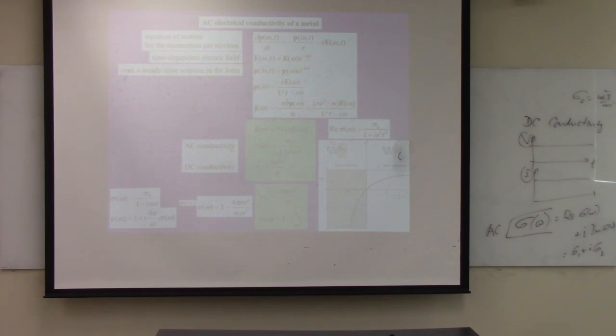So then your x also becomes oscillating, that also becomes some x0 times e to the i omega t. So now if you use this one, what do you get? Just substitute here. Mass times, what is d squared x over dt squared? I get i omega twice, right? You get squared, then you get x0 e to the i omega t equals e times E, also I can write as E0 e to the i omega t.